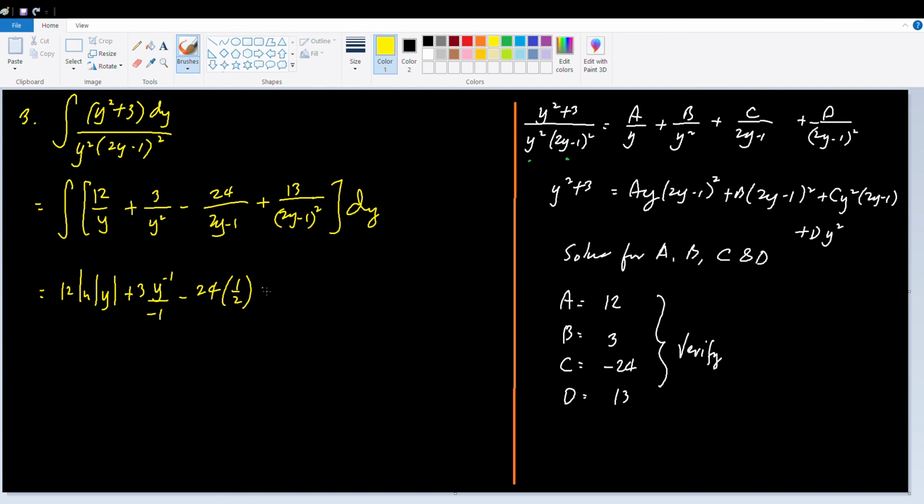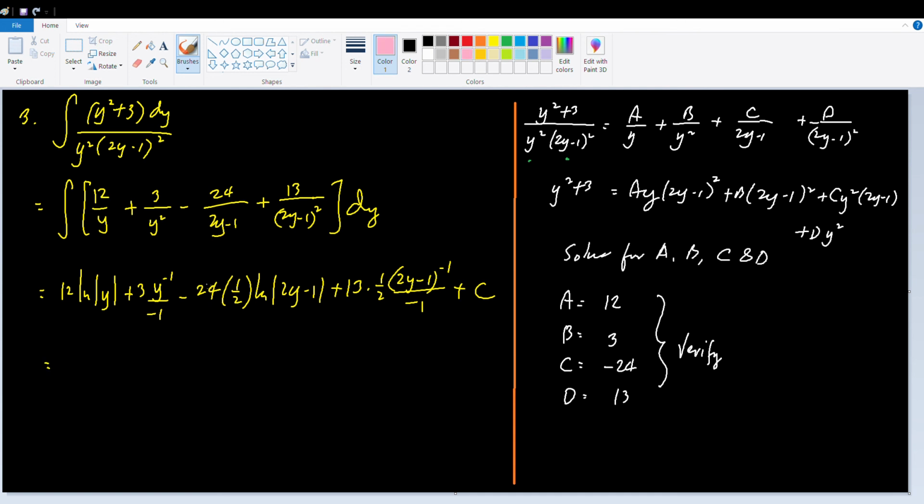So 1 half, and then ln of absolute value of 2y minus 1 plus the last integral, dy over 2y minus 1 quantity squared, by power formula is 13 times 1 half, again because of the derivative of 2y minus 1, and 2y minus 1 to the negative 2 becomes 2y minus 1 to the negative 1 over negative 1 plus c.